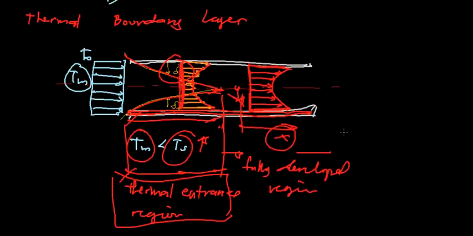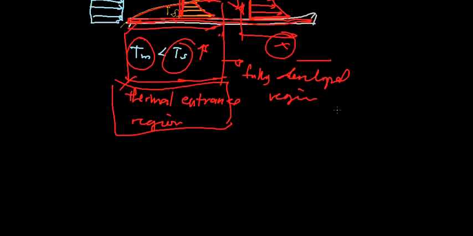So for laminar flow, the thermal entry length may be expressed as x_fd,t over D. This is for laminar flow, and that is approximately equal to 0.05 times the Reynolds number times the Prandtl number.